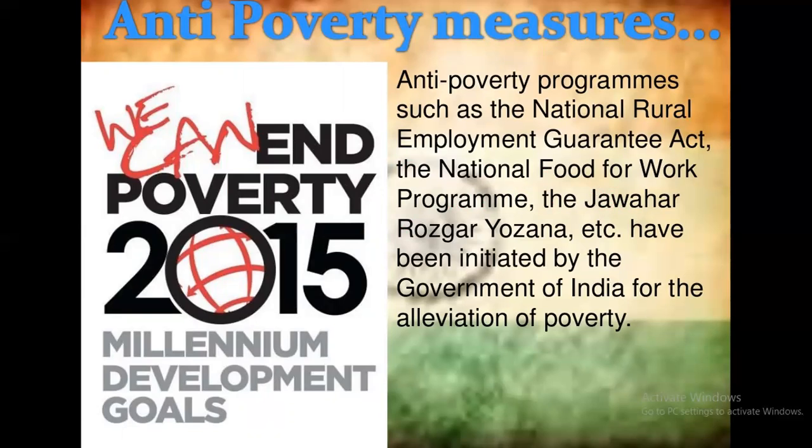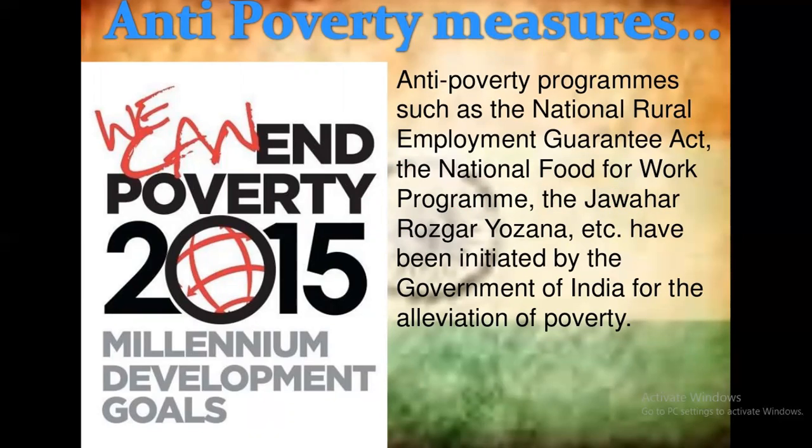So as a government, they bring different anti-poverty measures, right? Some of them are marked here. It's there in your textbook. Many measures are given there. Explain what those programs are and what the aims of the programs are.